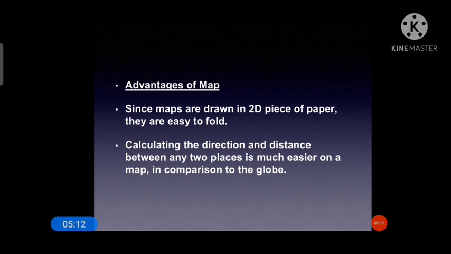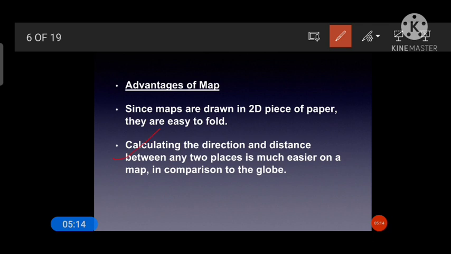Okay, first thing. Secondly, calculating the direction and distance between any two places is much easier on a map in comparison to a globe, because a globe is spherical. You cannot measure a distance with the help of a scale on a globe because it is spherical, whereas a map is flat, so you can just take the distance between these two places.